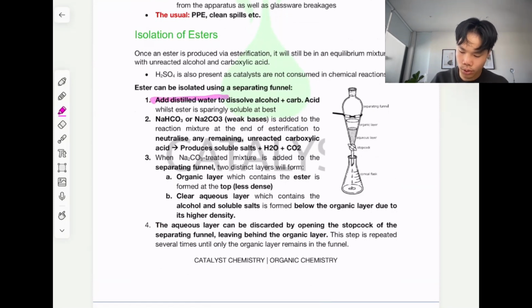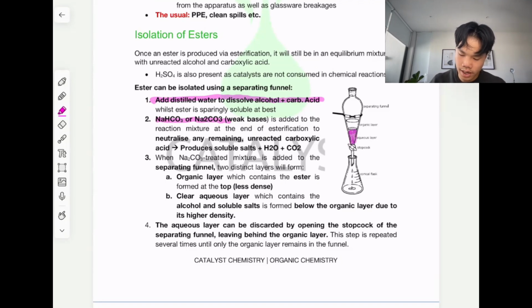You add distilled water to dissolve all the alcohol and carboxylic acid. That forms an aqueous layer. If you add NaHCO3 or Na2CO3, this can help you to neutralize any of the acid and potentially helps to increase purity.